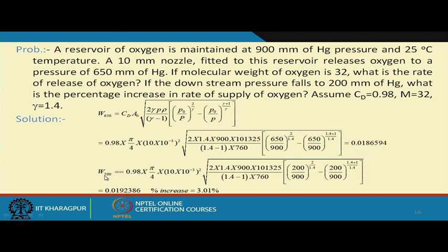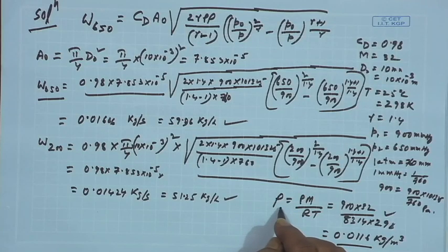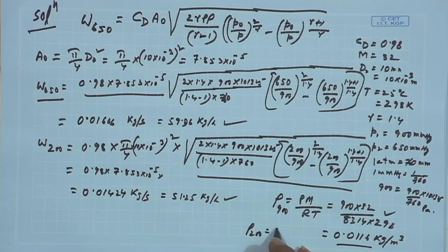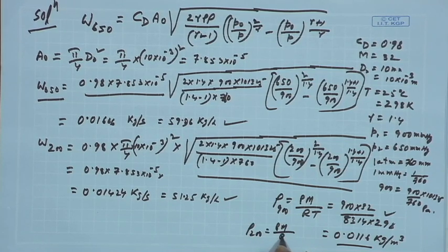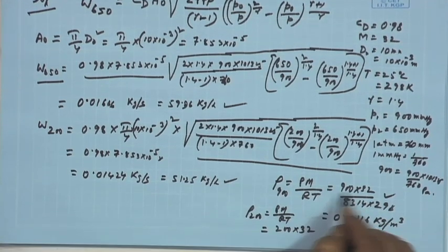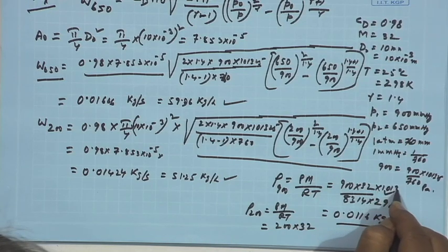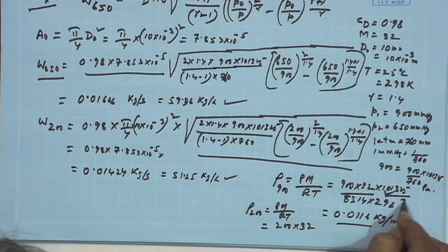And in a similar way, W200, in this case W200 will be your, this is rho 900, so W200 will be again Pm by RT. So we can write 200 into 32. Here also some more things are to be written, 101325 by 760.